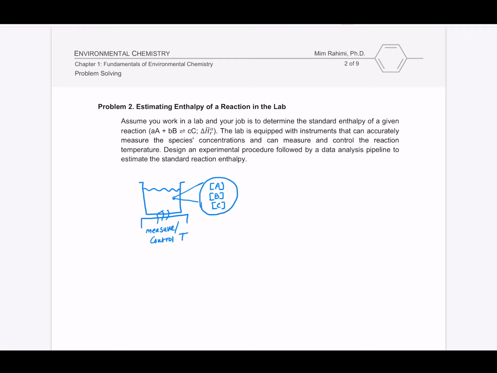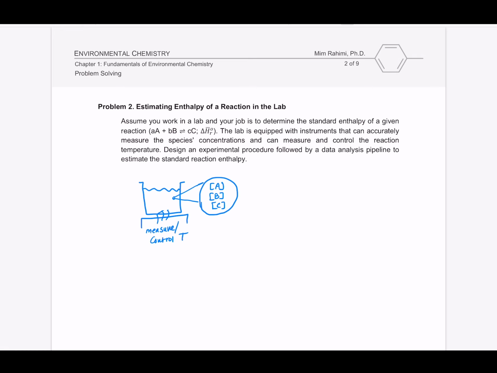So this is basically what you have. You have a unit that can increase the temperature of a solution. It can also read the temperature. You also have an instrument in the lab that at any point, if you want, can calculate the concentration of A, B, and C. So what is the equation that you want to have as a core, and then play with what you have in your toolkit to calculate delta H?